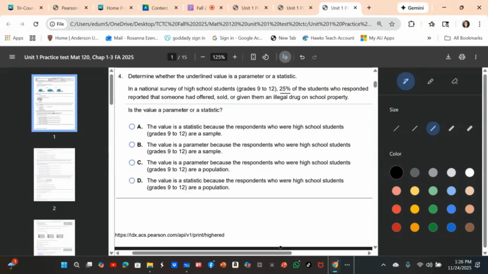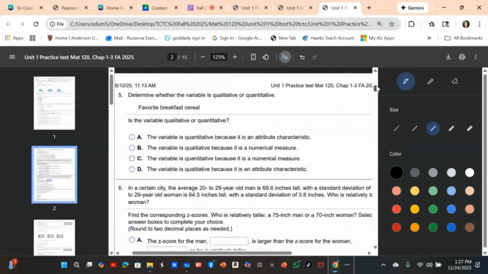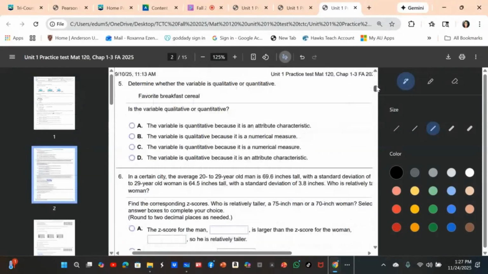We can then use that to test the hypothesis with a level of significance, maybe 5%. Anyway, the important thing is that this is a population, and therefore it is a parameter.